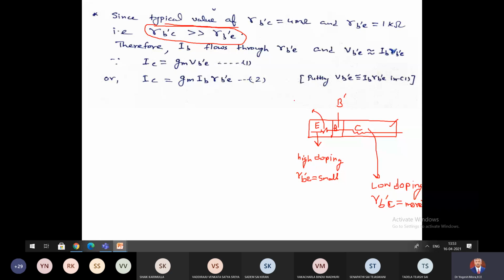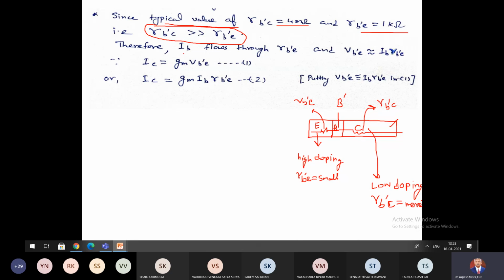This resistance is R B dash E, and this resistance is R B dash C. So R B dash C is very much larger than R B dash E, right? Its typical value is R B dash C is 4 mega ohm and R B dash E is 1 kilo ohm. So a huge difference is there.